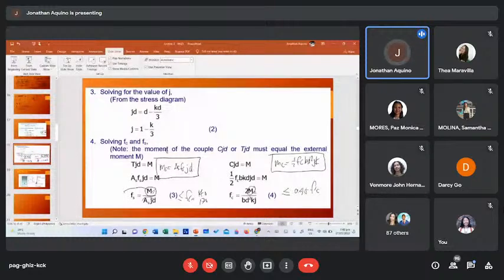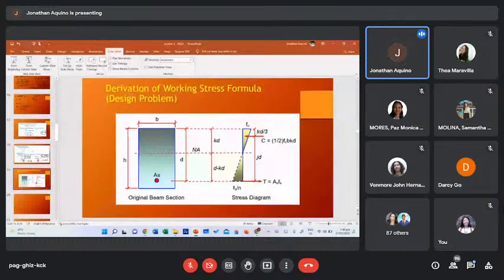Then of course, sa design problem, same din yung stress diagram niya, but in this case, unknown naman dito is yung B, yung H, saka yung AS. So similar to the derivation of investigation problem.